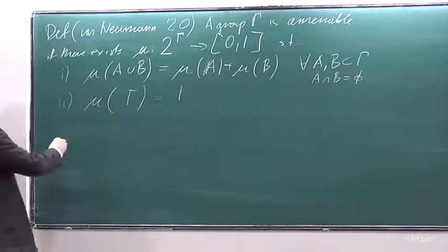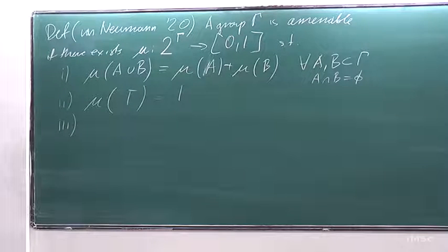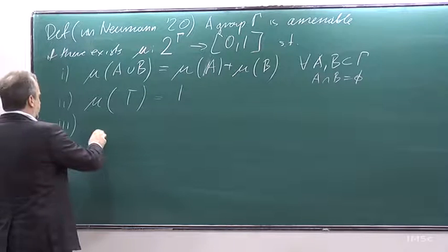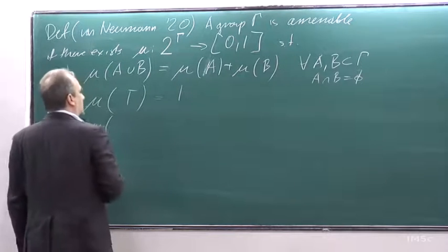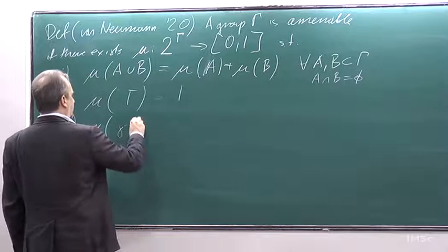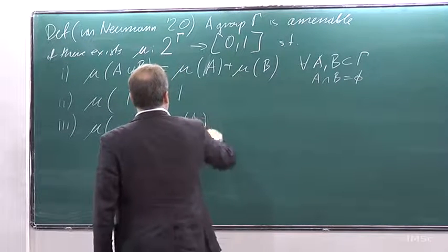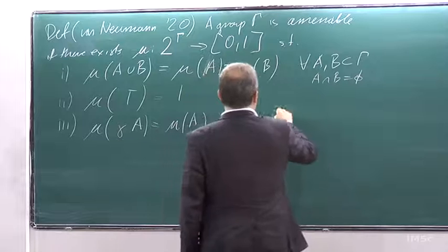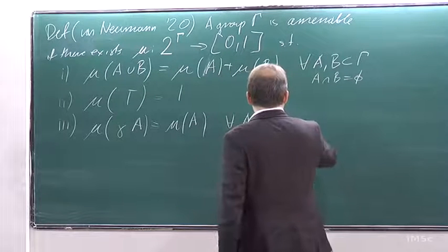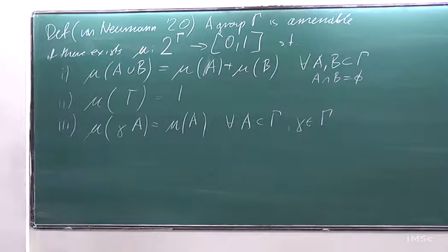And the third condition, which is the most important one, is that this measure should be invariant by translations, say left translations, so that mu of gamma A is equal to mu of A, and this is true for all subsets A in gamma and all elements gamma in the group.